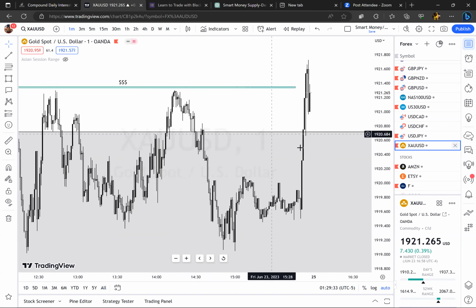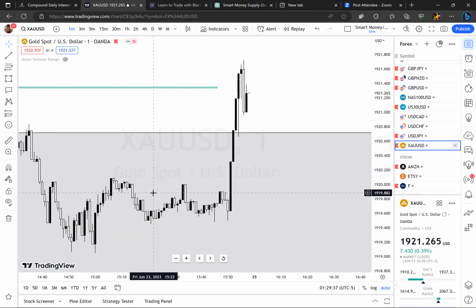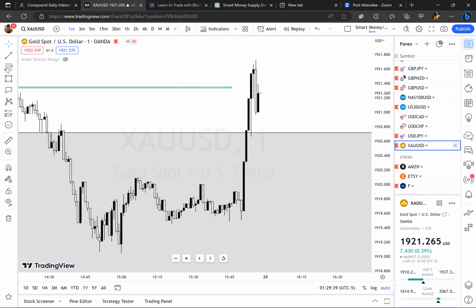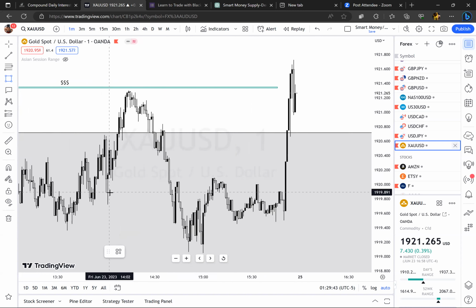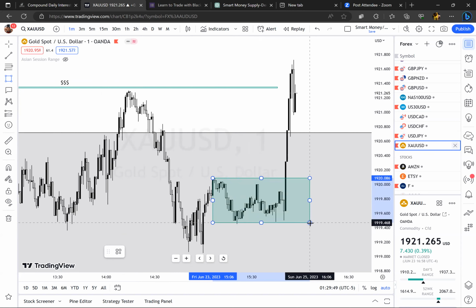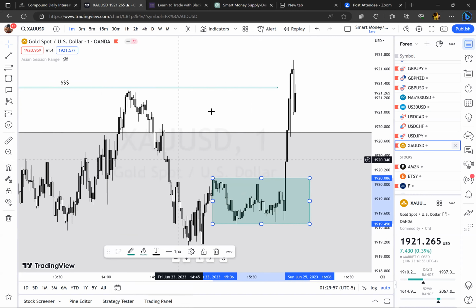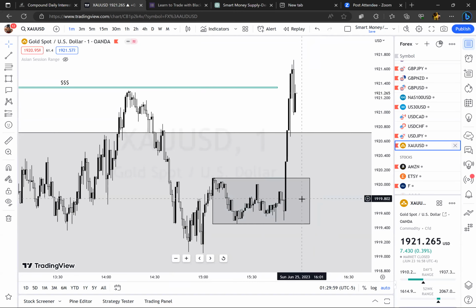All right. Now looking at this, I think this is going to come down. See, we got consolidation. This is on a 1 minute, y'all. Let's say from here to here, from there to there. If that's consolidation, this is our zone.